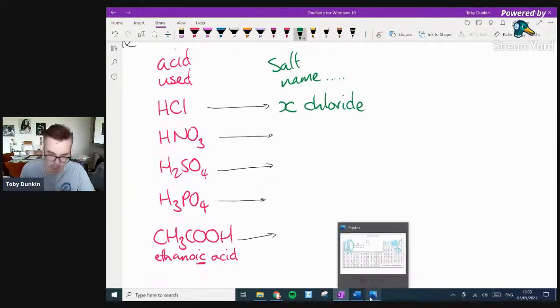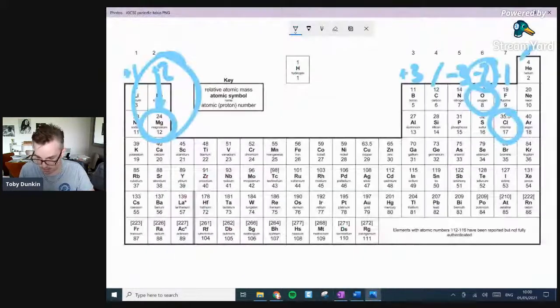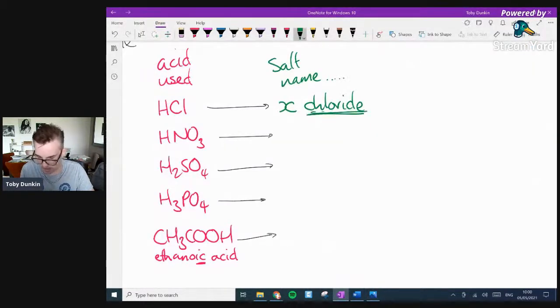Hydrochloric acid will produce a chloride salt. Now, if you're wondering what the X is, in a salt there must be a metal joined to it. This could be sodium chloride. In order to make sodium chloride, you can use hydrochloric acid.